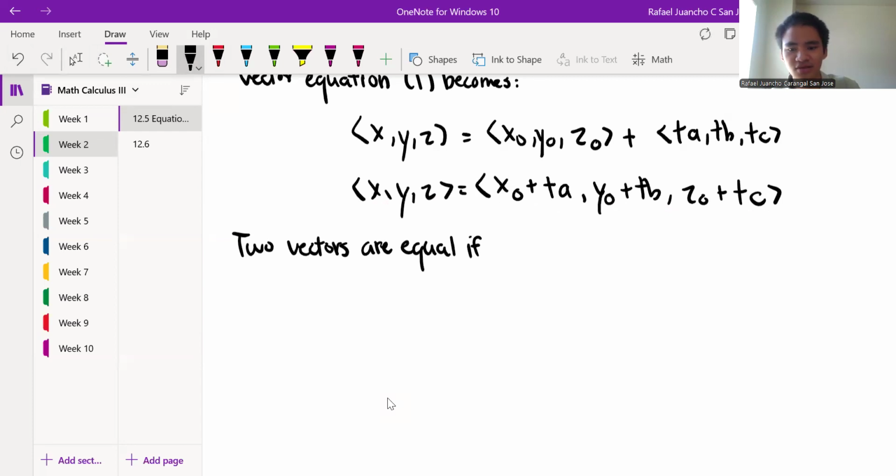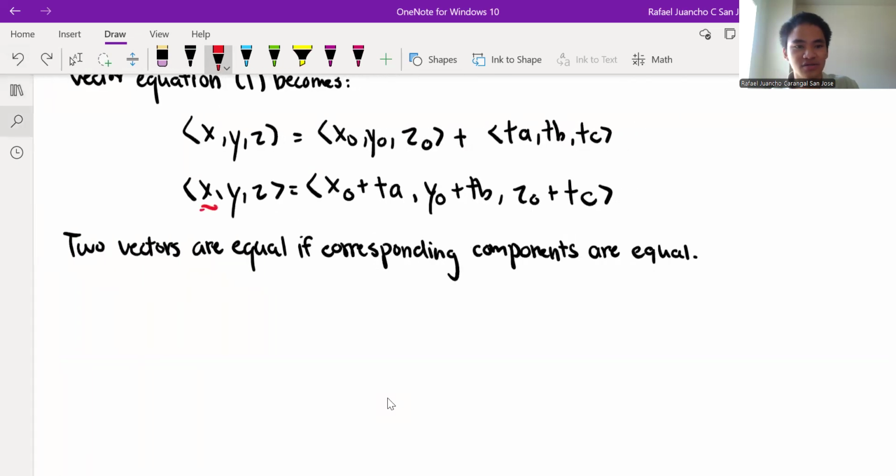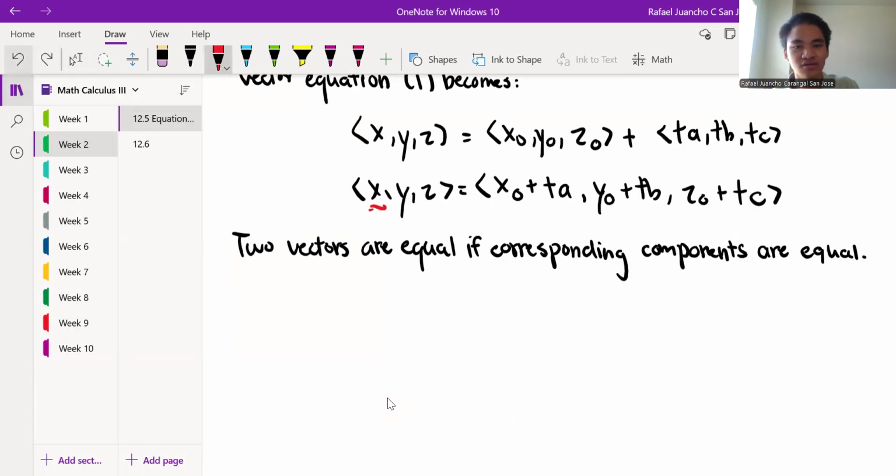If corresponding components, yeah, that makes perfect sense. If their x component is equal, y and z are equal, right, that makes sense. So we have three scalar equations from here. We say that x is equal to x naught plus tA, and so on, right?